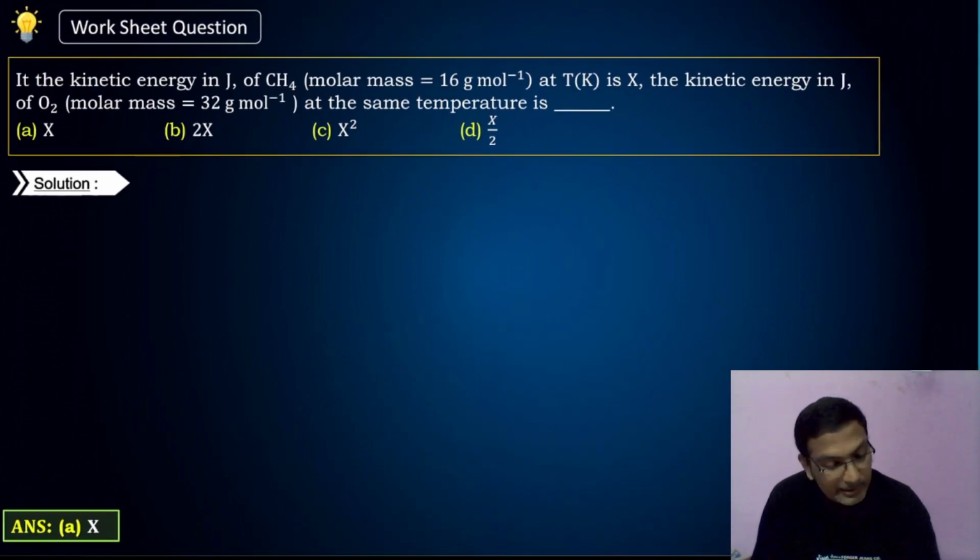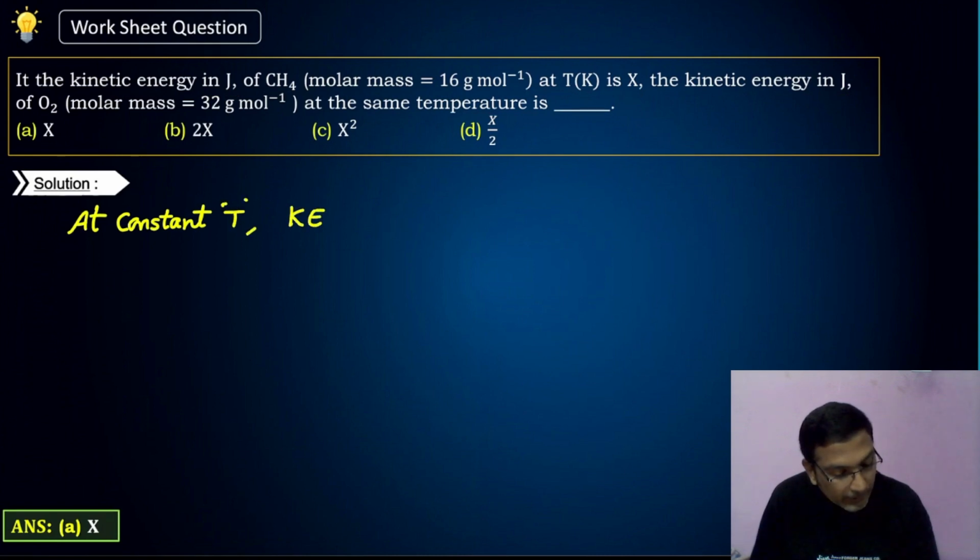The kinetic energy in joules of CH4 at temperature T is X, then kinetic energy in joules of O2 at the same temperature is. Next, at constant temperature, Ke will be constant.